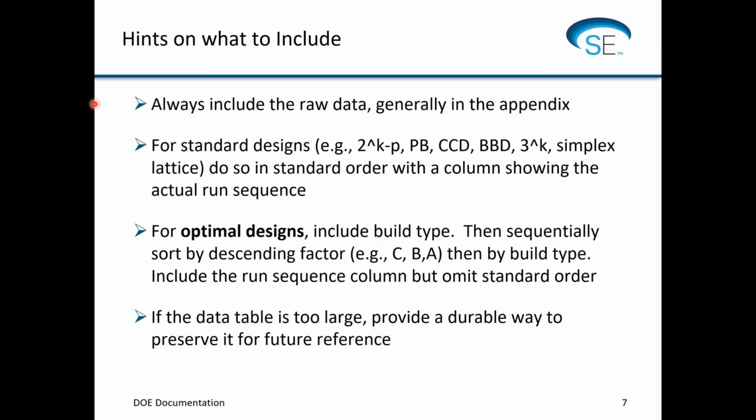So number one is, you probably want to include the raw data. The main reason for that is somebody may want to follow this up. When we look for case studies in our software, we might be going to books written by Cornell or Montgomery, different people, and look at studies that were done years ago, and the data is provided to us.